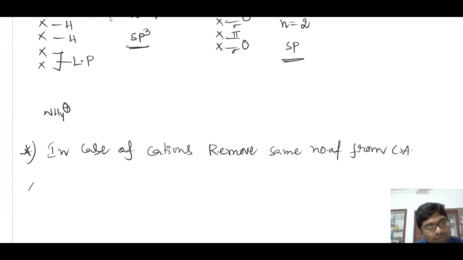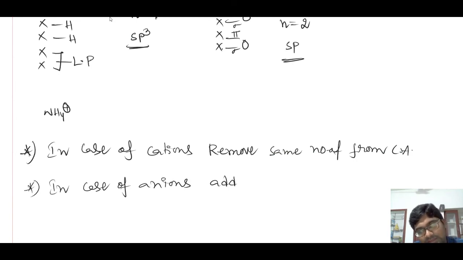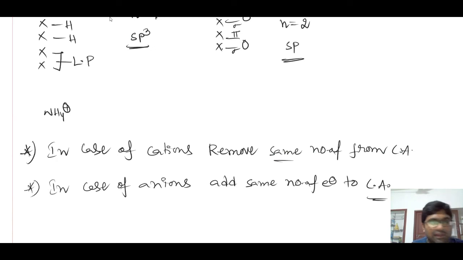In the case of anions, add the same number of electrons to the central atom. Same number means whatever charge is present over here, that number only.